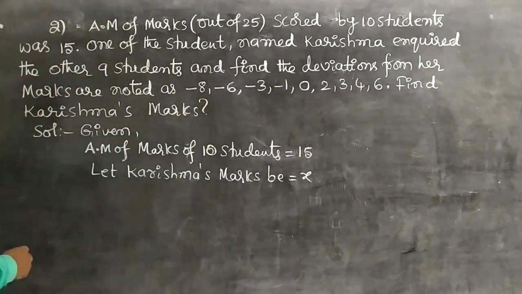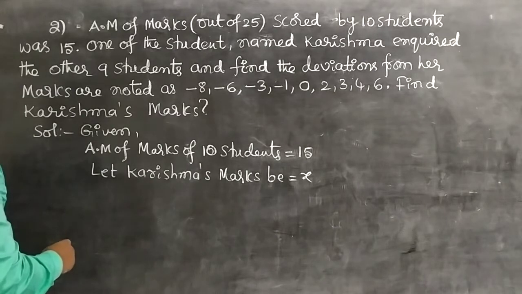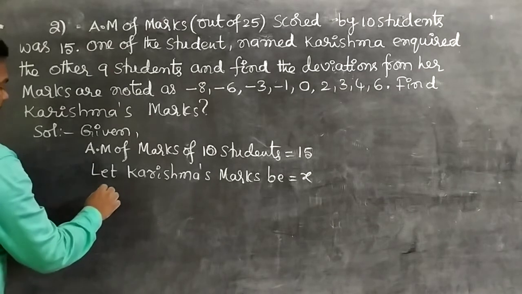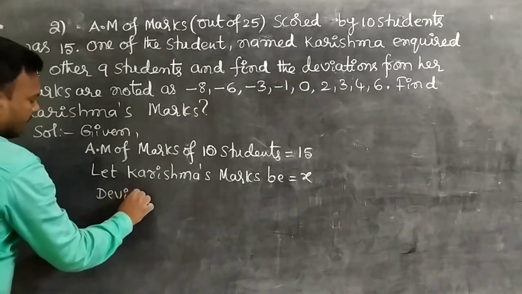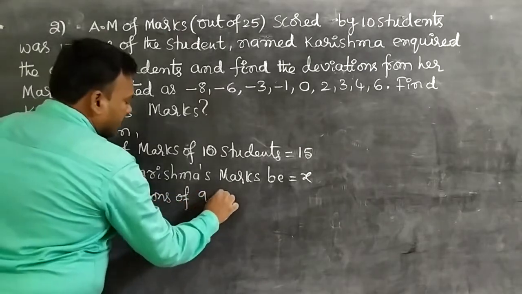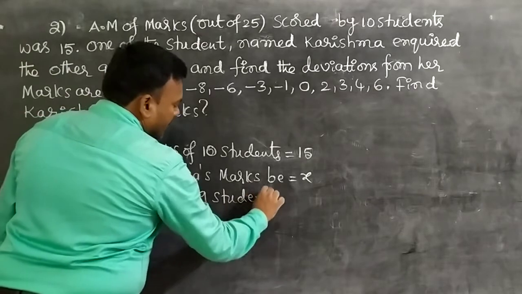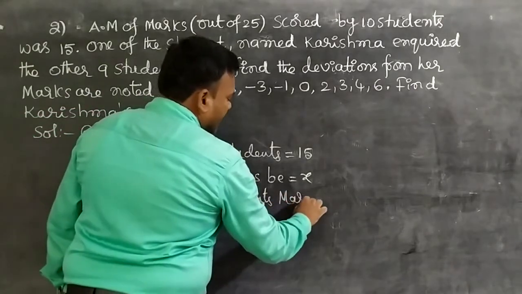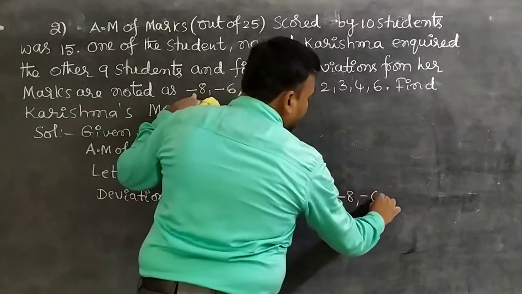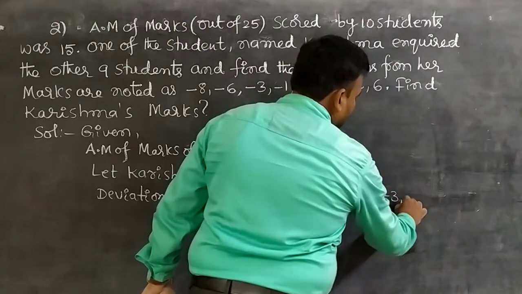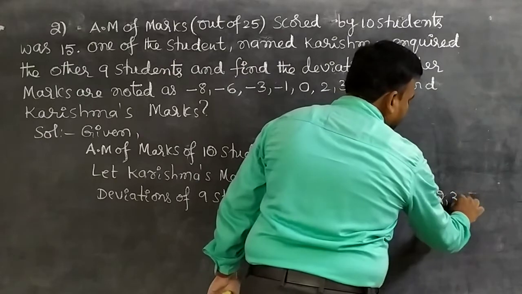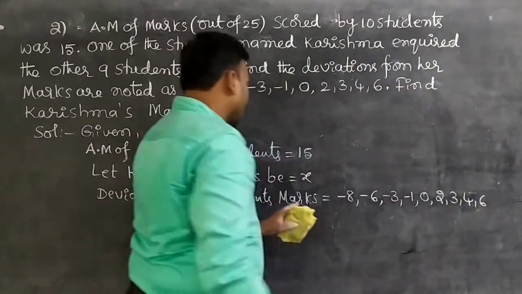So deviations of 9 marks from her marks, which are -8, -6, -3, -1, 0, 2, 3, 4, 6. 9 deviations only.